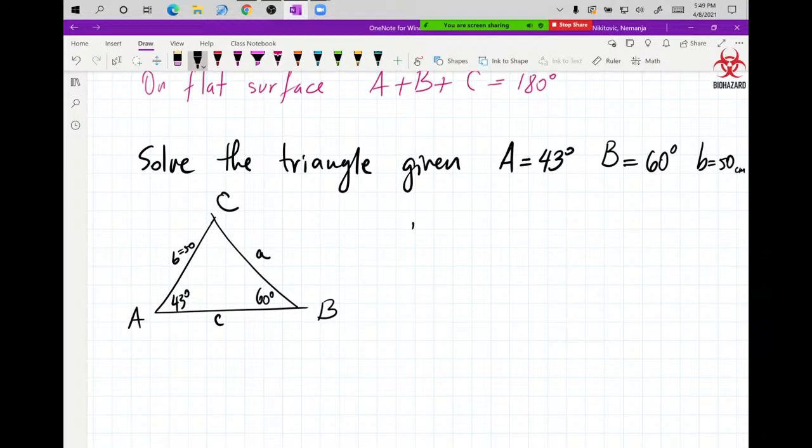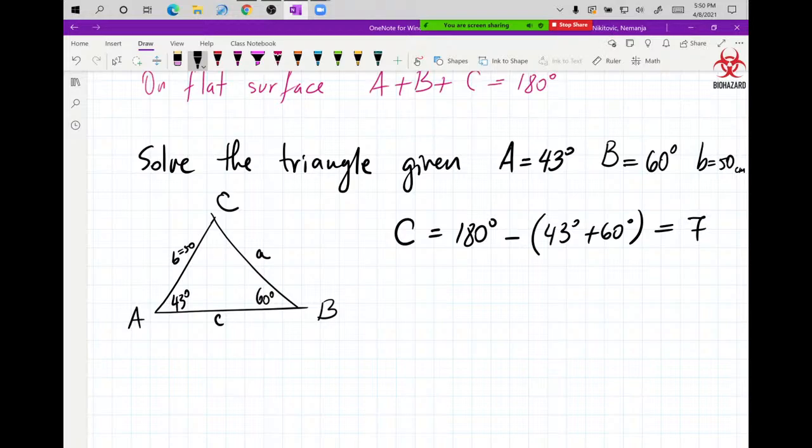We can immediately calculate C because it has to be 180 minus the sum of the other two angles, right? Because together they all have to give 180. So if these two are 103, then this must be 77 degrees. 77 plus 103 is 180.